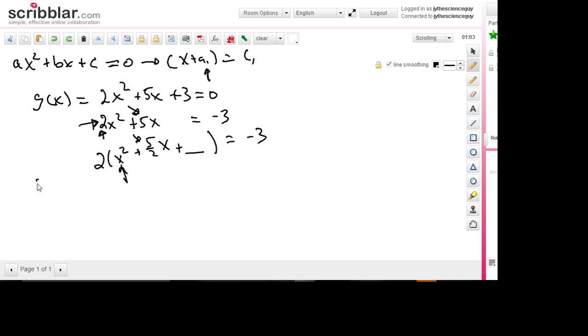Okay, the next step is the step that I told you about. I have to take that second term, which is 5 over 2. I've got to divide it by 2. That's just like multiplying it by 1/2. And then I have to square the whole thing. So that is 5 over 4 squared.